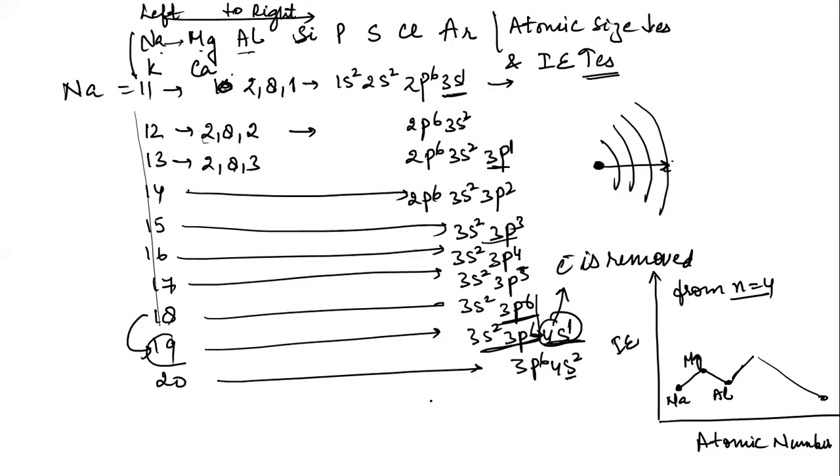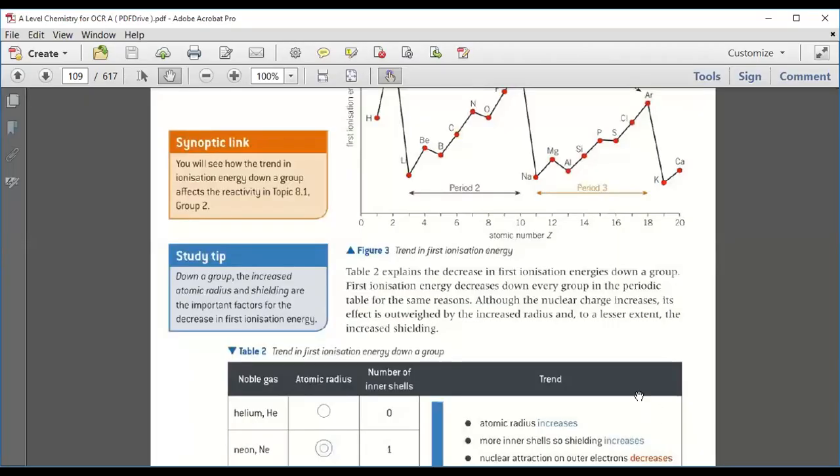As the shell increases, the atomic size increases and hence the ionization energy will decrease. So although the nuclear charge increases, its effect is outweighed by the increase in the radius and, to a lesser extent, the increased shielding effect. Now there are 3 shells which are shielding the force of attraction on the 4th shell electrons.